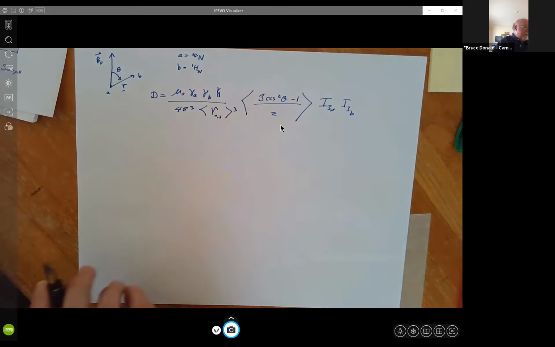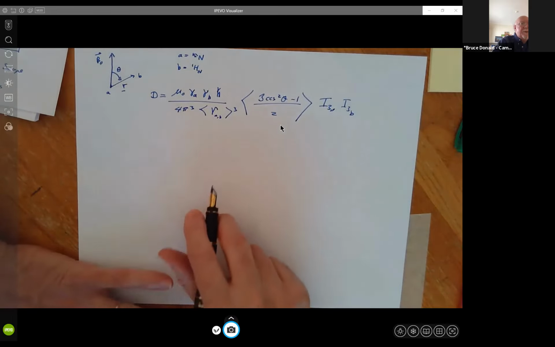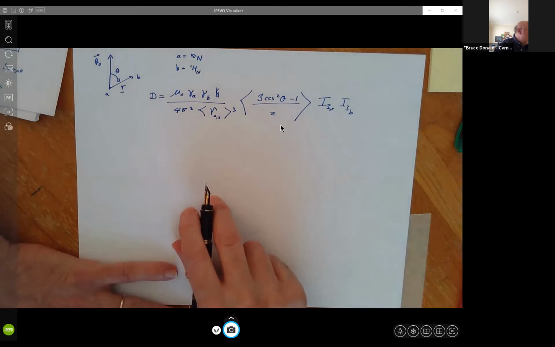So this is an intimidating equation at first, but we're going to try to make sense of it and then use it. So what are all these terms?